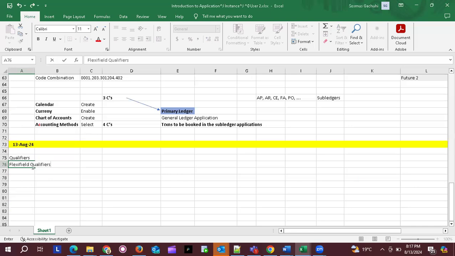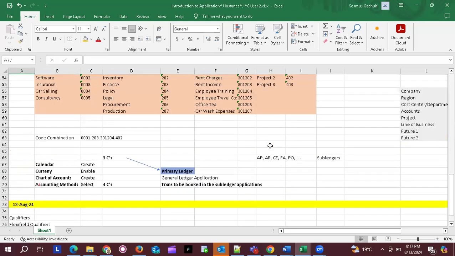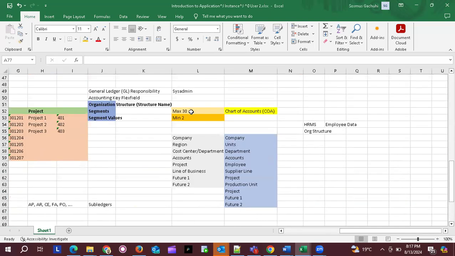Is there any question on the segment numbers, maximum and minimum? Anyone who would like to have some clarity on this? This could be company B. Anyone who needs some clarity on this?